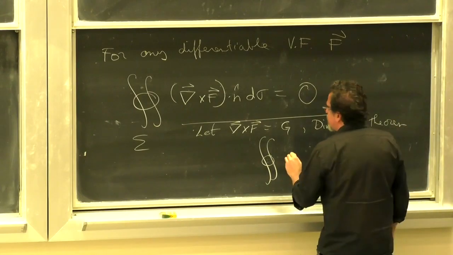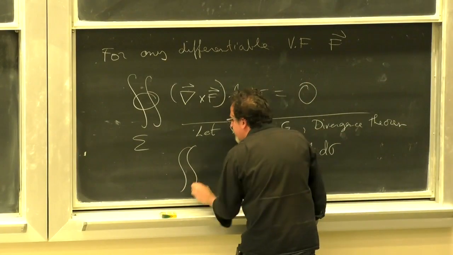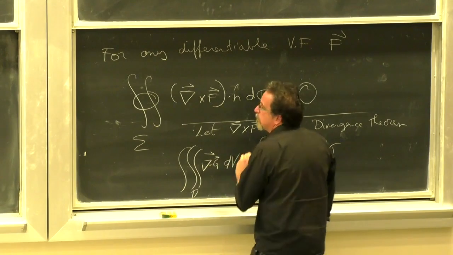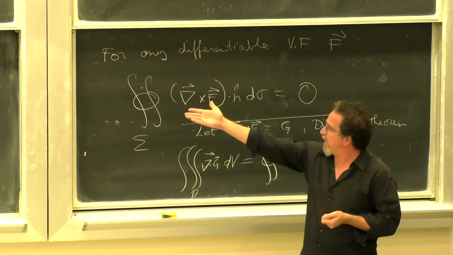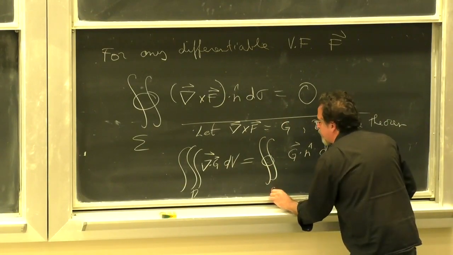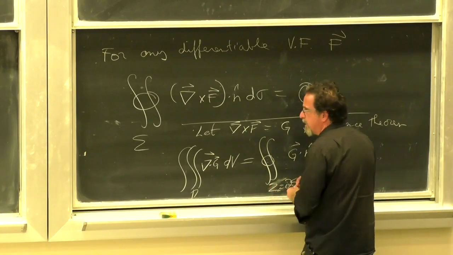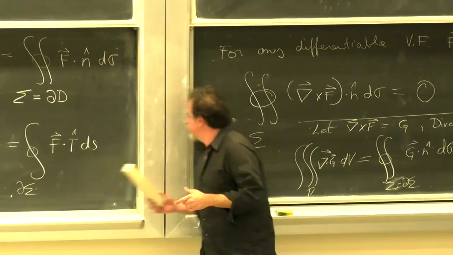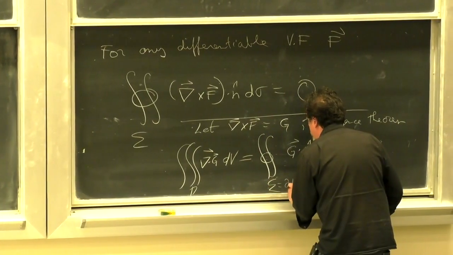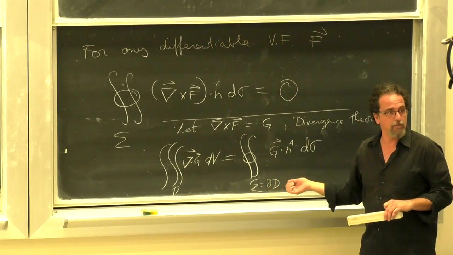The right-hand side is the integral of G dot n hat d sigma, and the left-hand side is the integral over the domain D of the divergence of G d volume, the volume integral of the divergence of G. So I just rewrote that with a G, another vector field, and it happens to be that G is the curl of F. Sigma is equal to the boundary of the domain D. And it's closed, because the boundary of a volume must be closed.